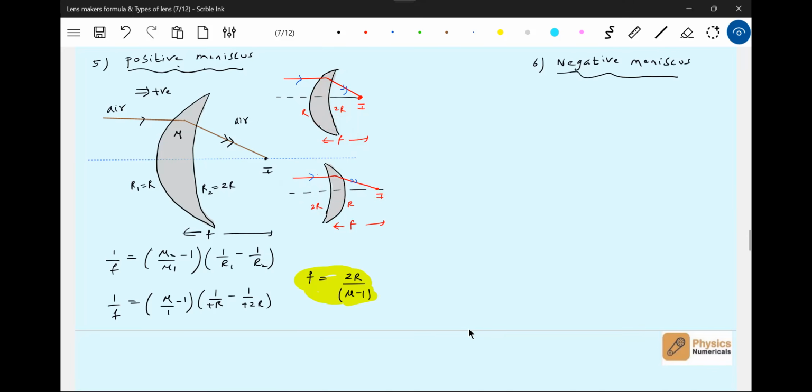Negative meniscus. Negative meniscus means this should be flat. First we'll do one thing.